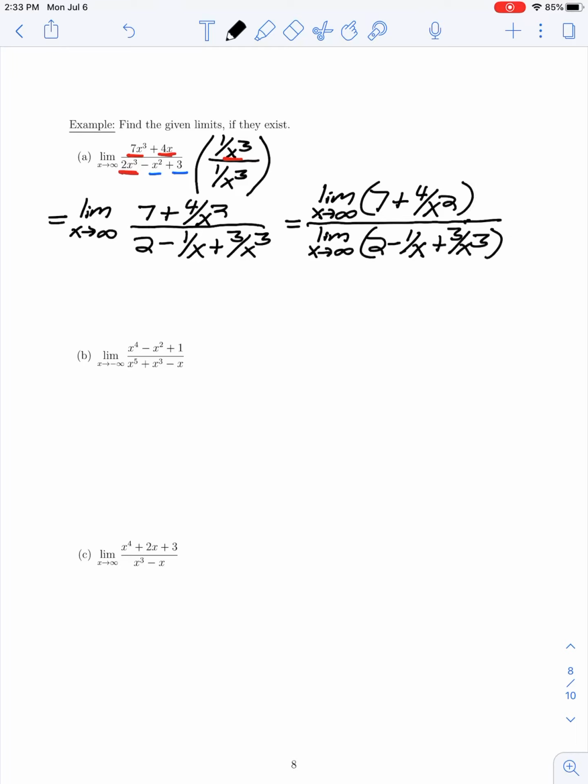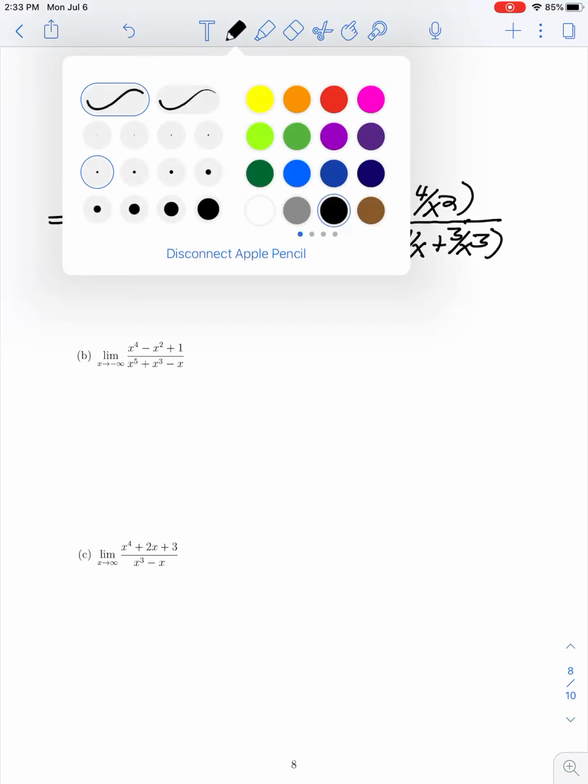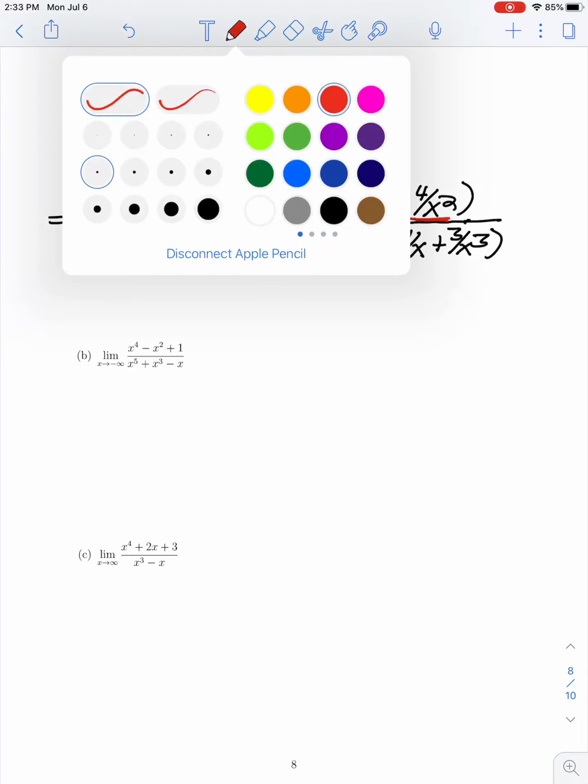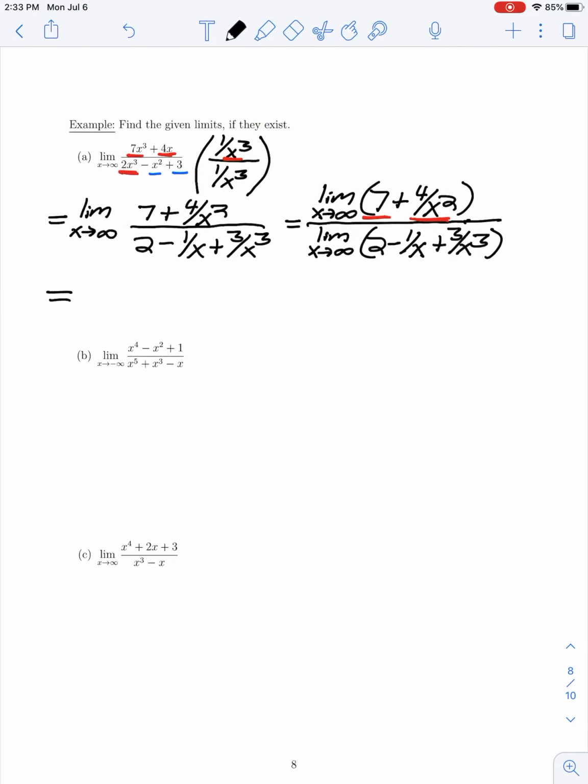And again, using properties of limits, the limit of a sum in the numerator is the sum of the limits. So I can take the limit of each piece here. Let's see what we have for our numerator. We have the limit of a constant, 7, which using the constant property must equal 7. And then plus the limit as x approaches infinity of 4 over x squared.